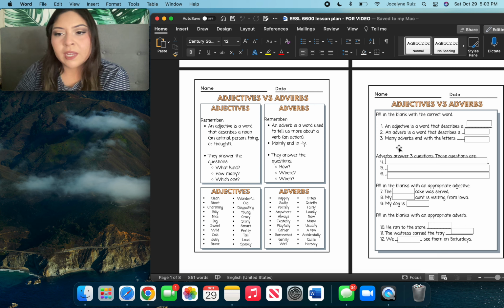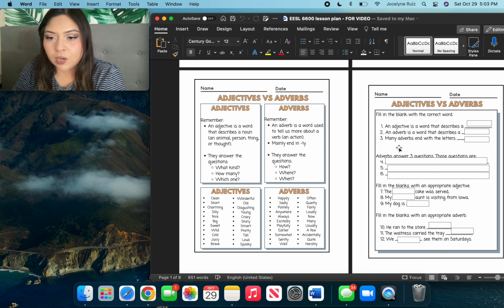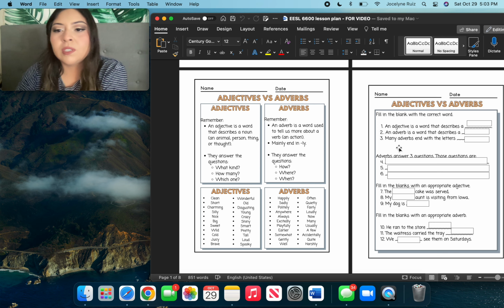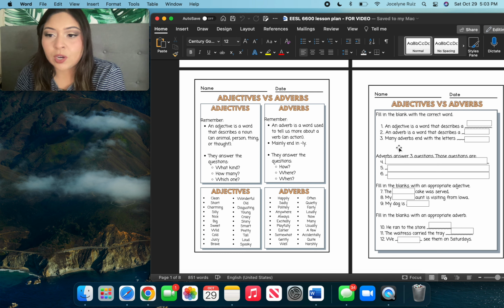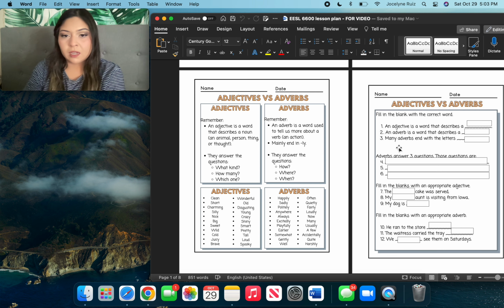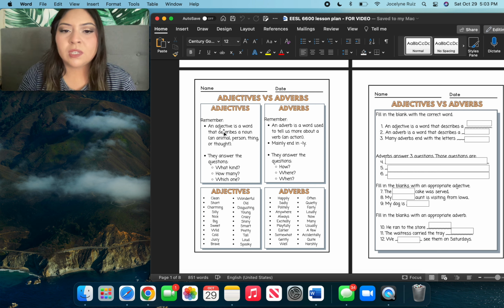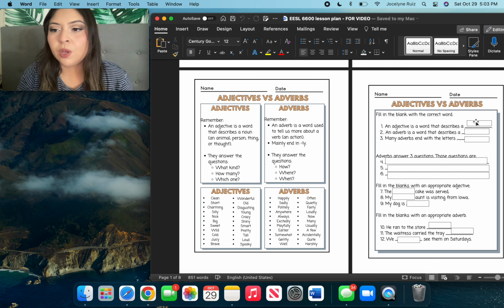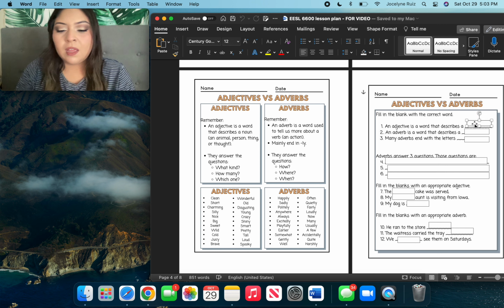For the first one, it says fill in the blank with the correct word. So using our notes, it says an adjective is a word that describes a what? A blank. If you go over to this side, this worksheet, it says an adjective is a word that describes a noun. So go ahead and fill in your blank with the word noun.